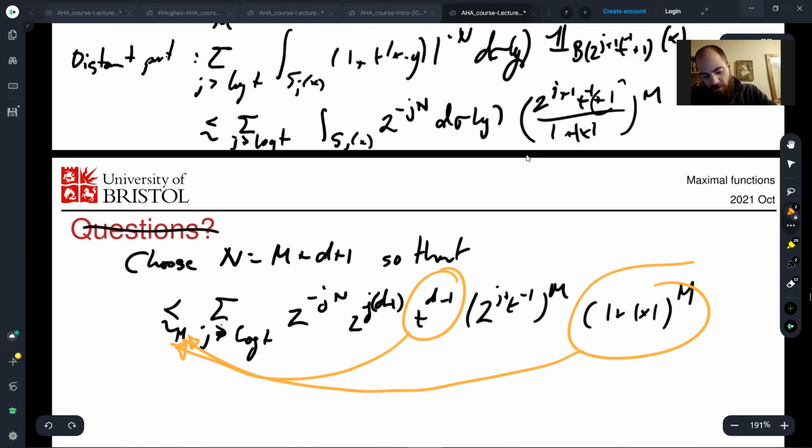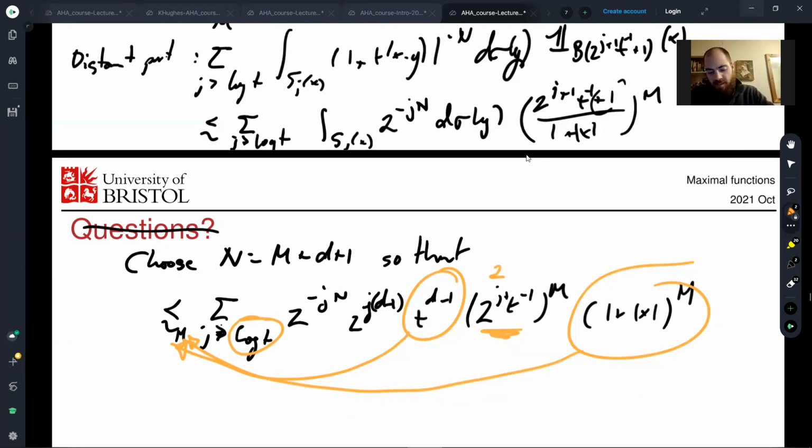I just need to be able to sum up this series. But the fact that I've chosen j larger than log of t means that this is actually a positive power of 2. As j increases, this is at least 1, and then it's 4 and so on.